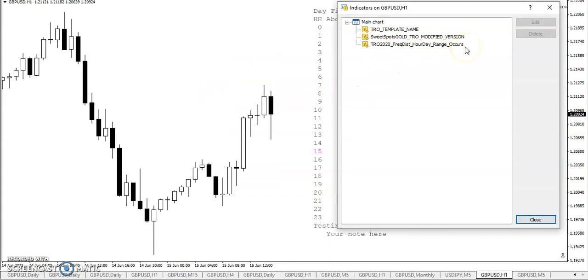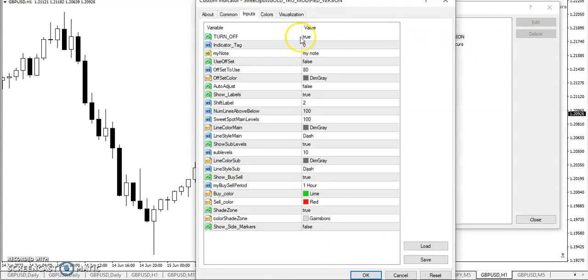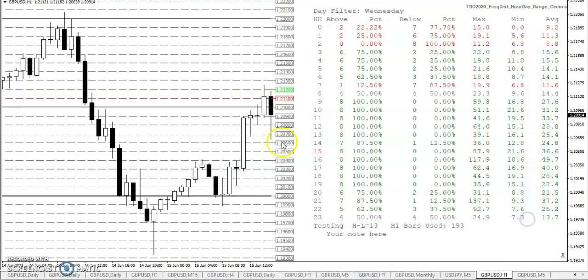So there's the indicator. I had sweet spots gold on there, turned it off. Let's turn it back on. So right now we're in hour 15.